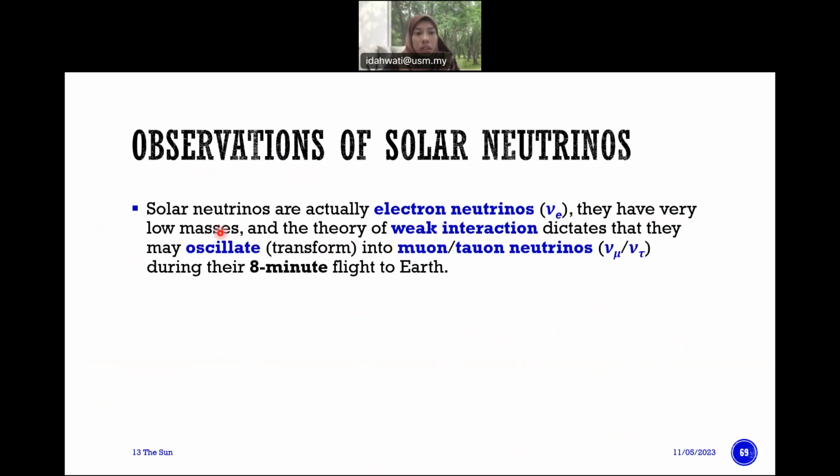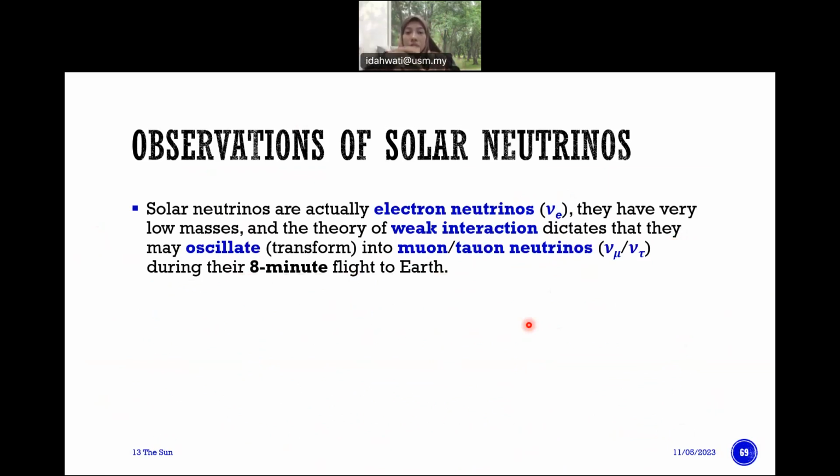So, recap here: the electron neutrino, symbol νe, oscillates into another type of neutrino during its 8-minute flight to the Earth. Actually it may be the same particle, just a different observation at a different location.